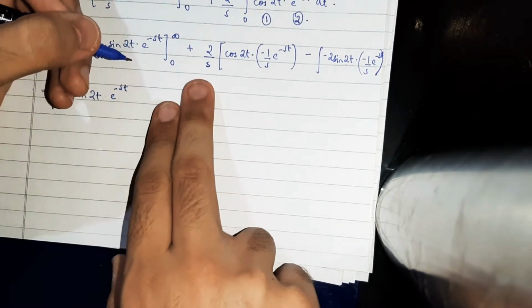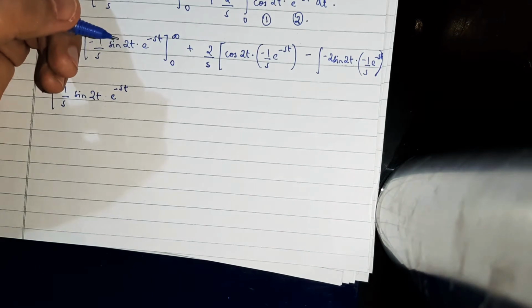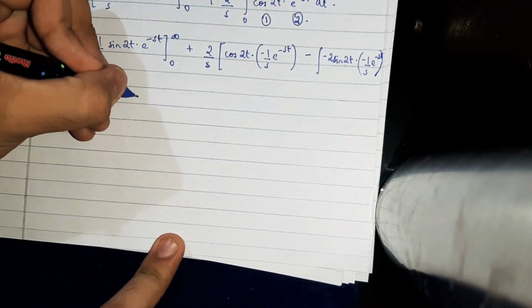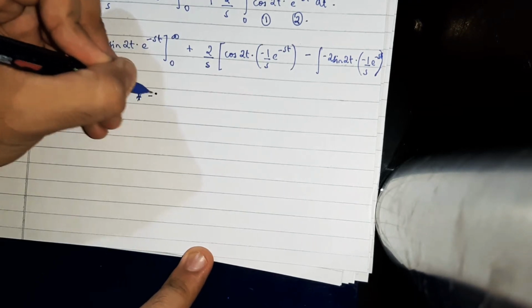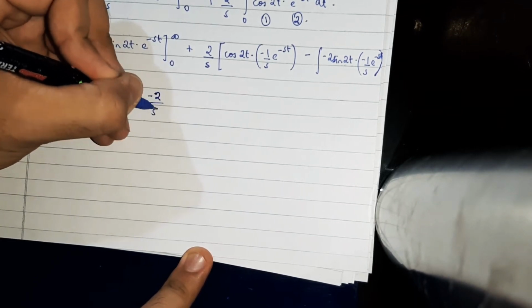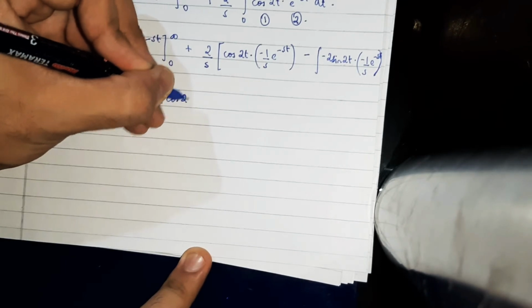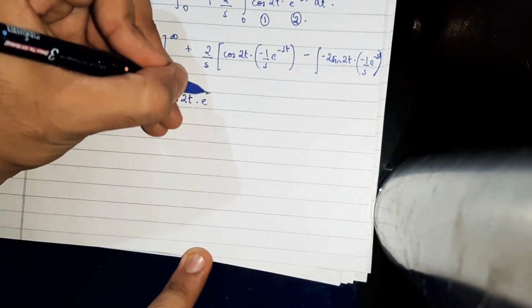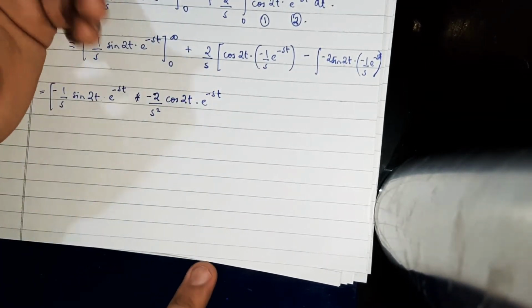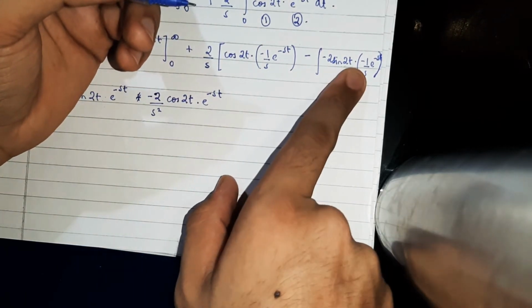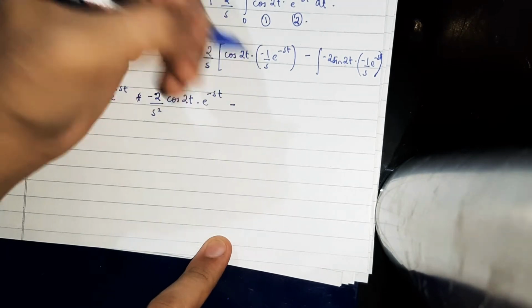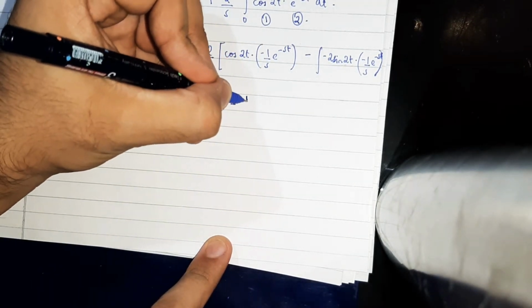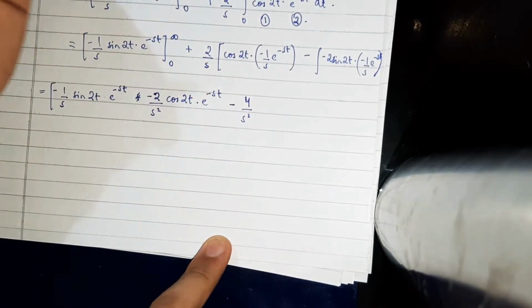Now let me take this 2 upon s inside, multiply it with each term, plus minus 2 upon s square cos 2t times e to the power minus st. Minus and a minus will give me a plus, again there's a minus, so minus 4 over s square.